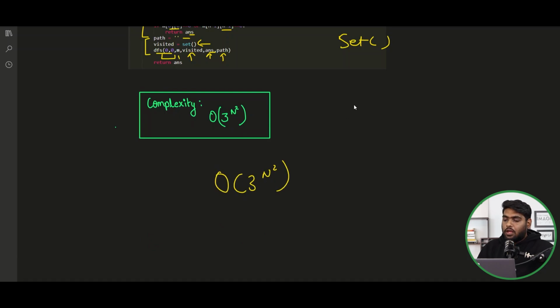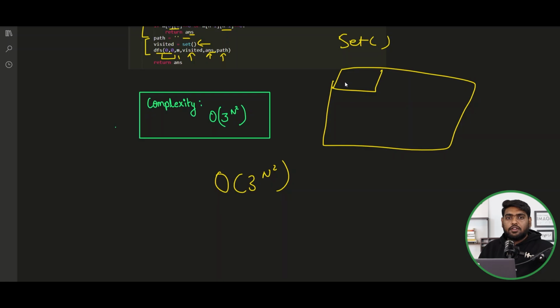Now, why so? Because at every possible choice, there is a possibility that you need to traverse the whole matrix, correct? That means you need to traverse n square, because n square is the complexity of traversing a whole matrix, right? And in the worst case, you might have to traverse the whole matrix, right?